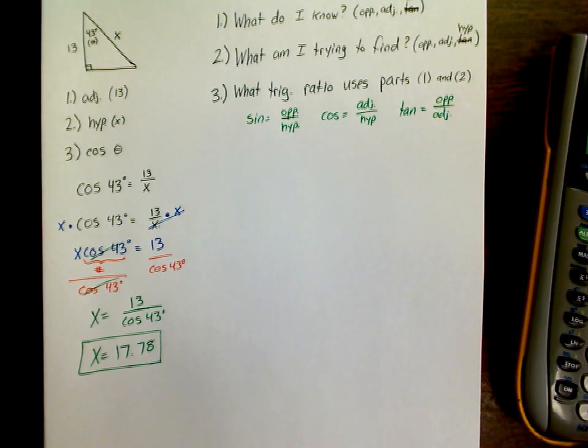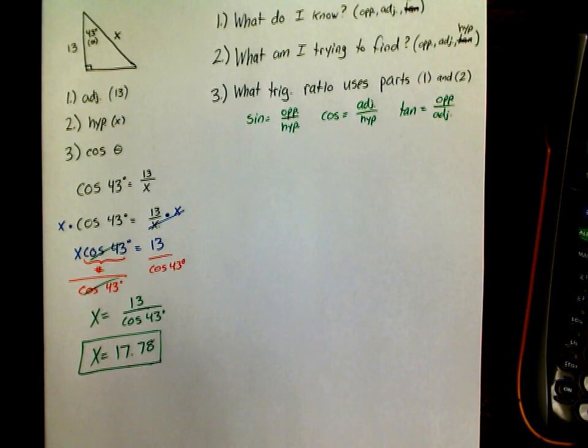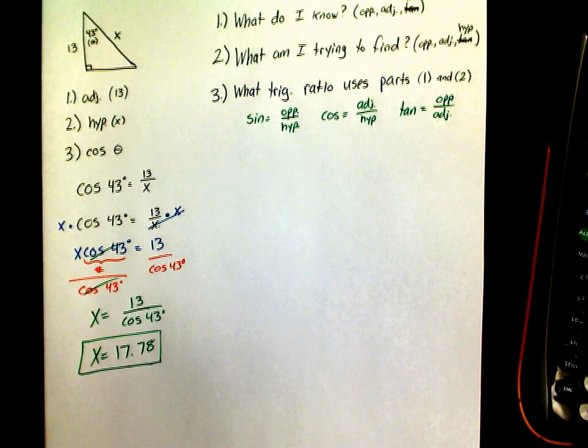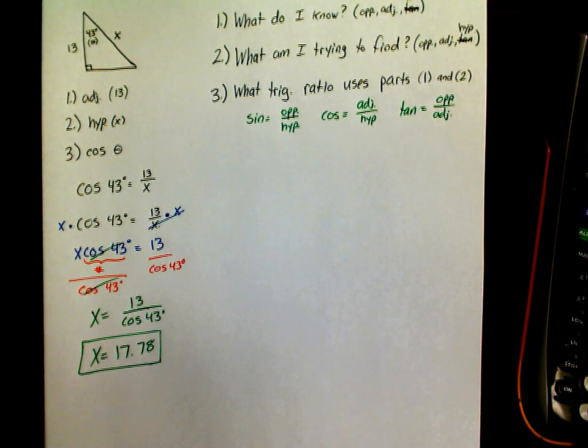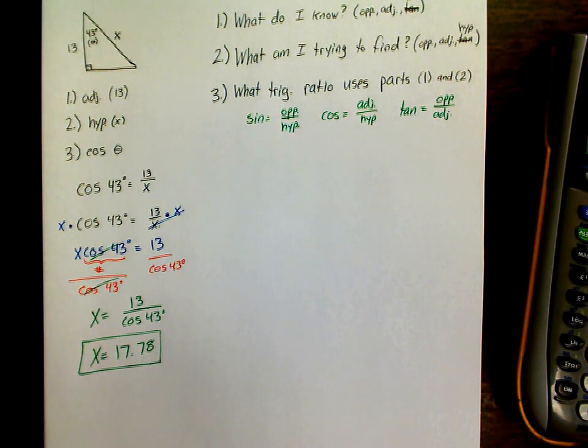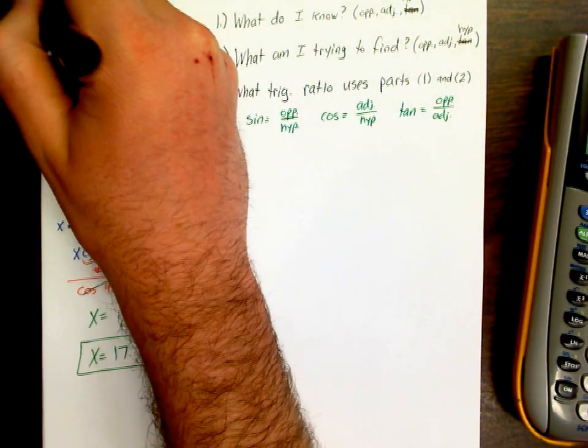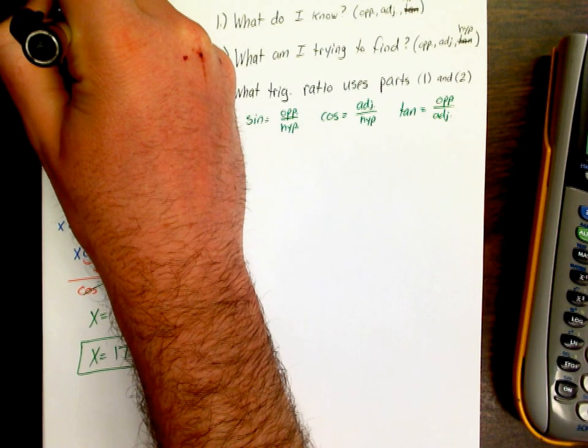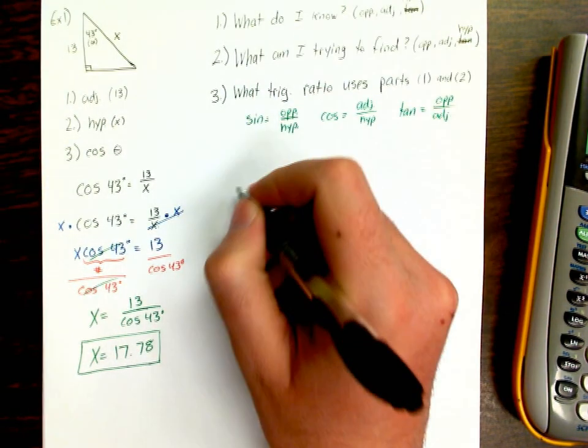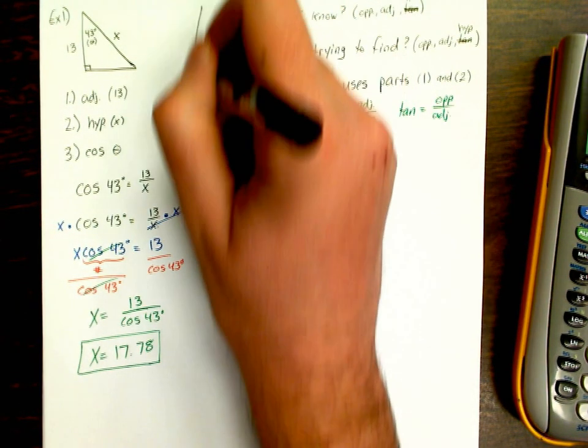So this is the process that we're going to go through for solving all of our sides. And we're going to use those 3 questions each time. Let's do one more example here. So if this was example 1, I'm going to box this because it's really important.